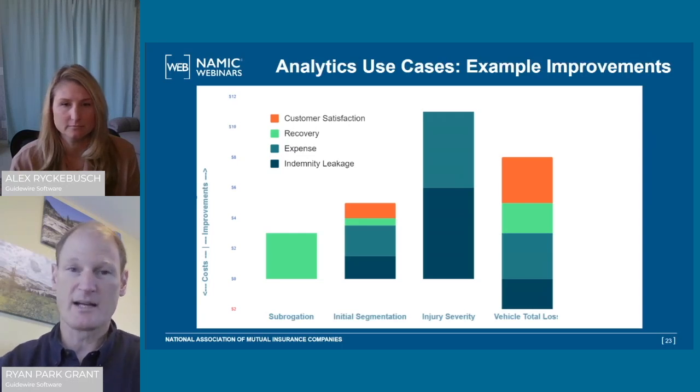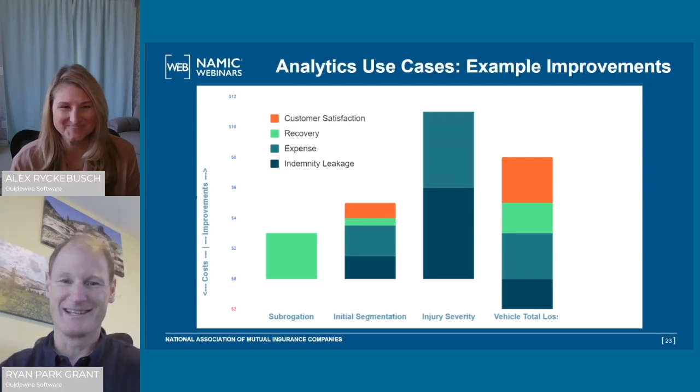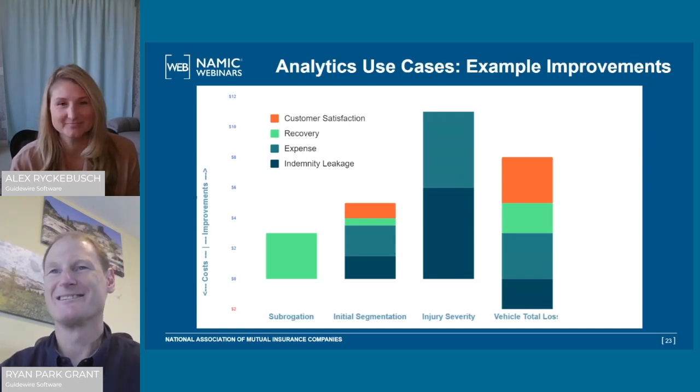And then of course that customer satisfaction element is especially large when it comes to, hey, I'm out of a vehicle, and if it's going to be repaired, I want it done quick. If it's not, I want to be able to go get my new car, right? At a very emotional moment, as we all know, and I'm sure some of us have experienced a collision claim that way.